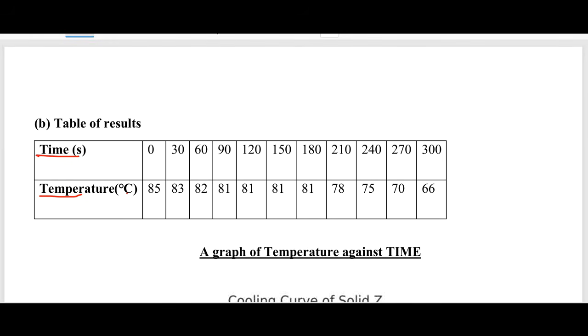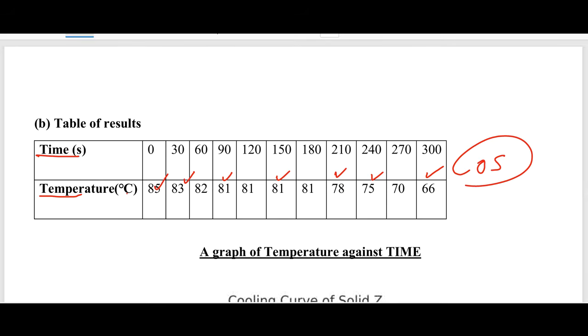Since we're using seconds, and we said every 30 seconds, it becomes: from 0, it was 85, at 30, 83, at 90, 81. You see like that. So when you record very well, you get all the 5 scores.